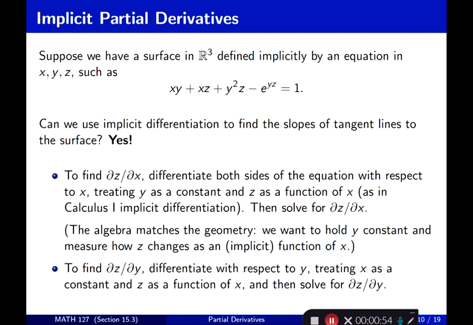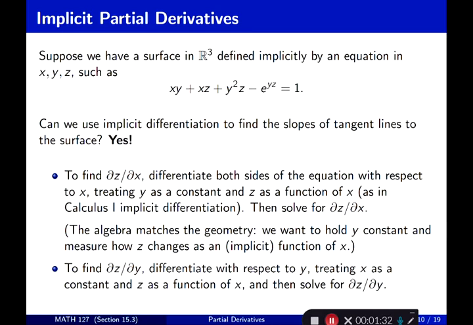If you're finding partial z with respect to x, differentiate both sides of the equation with respect to x, treating y as a constant and z as a function of x. If you remember this in calculus of one variable, you would treat y as a function of x. Now y is going to be constant and z is going to be a function of x. And then you solve for the partial of z with respect to x.